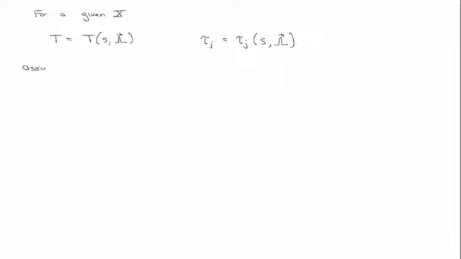And we're going to assume that these relationships are invertible. That is, if we had a functional form of this equation, it's invertible such that we could solve for s in terms of T, right? So we could solve like this.